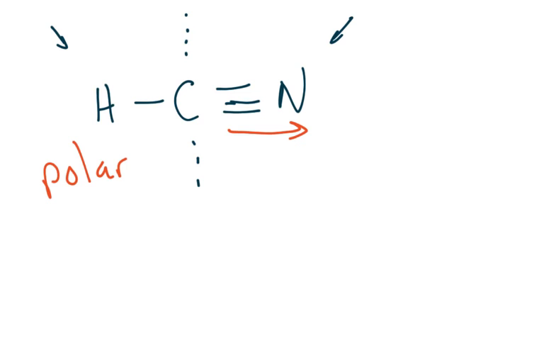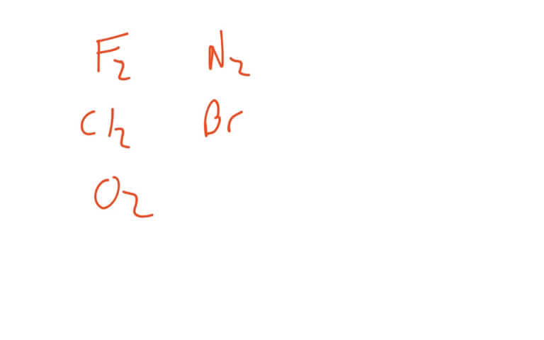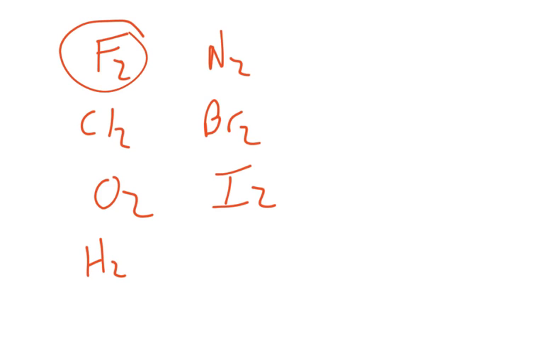Now, something that will always be symmetrical would be your diatomic molecules like fluorine, chlorine, oxygen, nitrogen, bromine. Okay? These are all pretty much electronegative elements. We can use fluorine as an example. But all diatomics, and that includes hydrogen and iodine, are nonpolar, and the reason is that they are symmetrical.